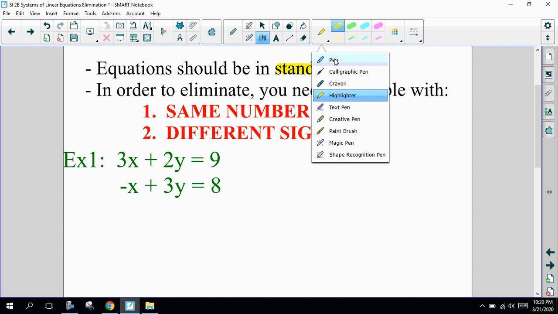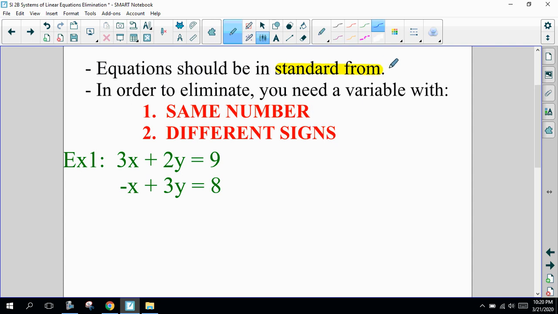Remember from our days with linear equations, standard form is ax plus by equals c, where a, b, and c are all numbers, integers, non-fraction, non-decimal. Your variables x and y are on one side, and the constant c is on the opposite side of the equal sign by itself.